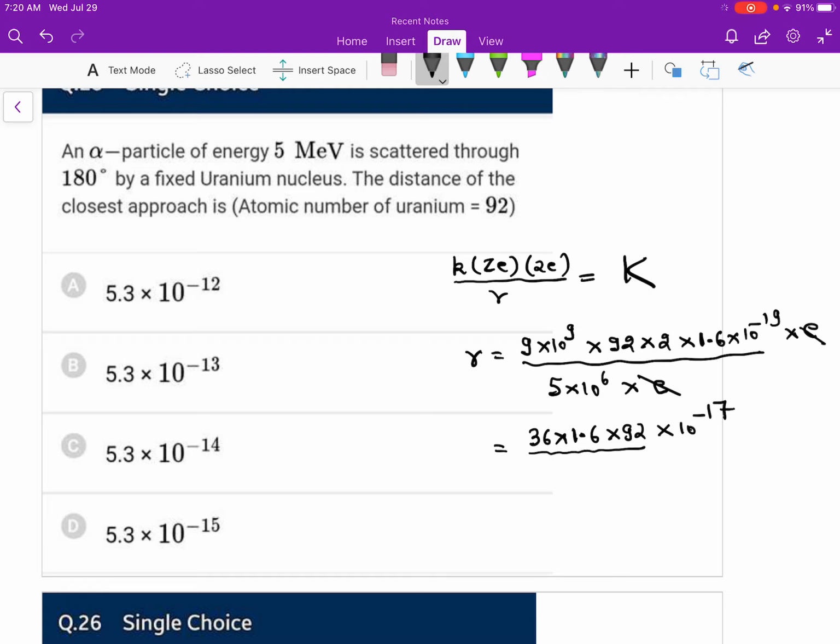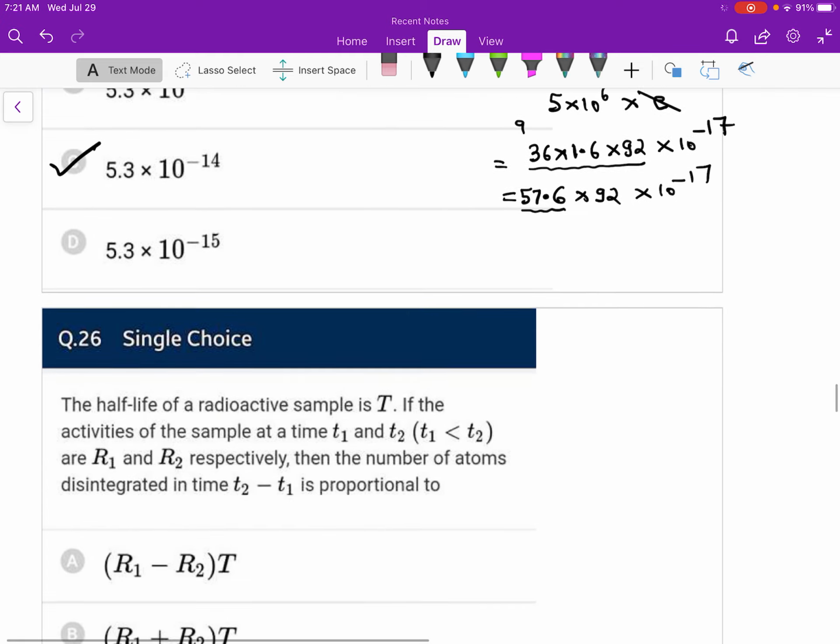Okay, so 16 3s are 48, 16 6s are 96, so this is 57.6 into 92 into 10 to the power minus 17. So suppose we take 60 as the first number and 90 as the second number, so 5400, so 5.4 into 10 to the power minus 14, so roughly 5.3 into 10 to the power minus 14. So we have to approximate a bit.